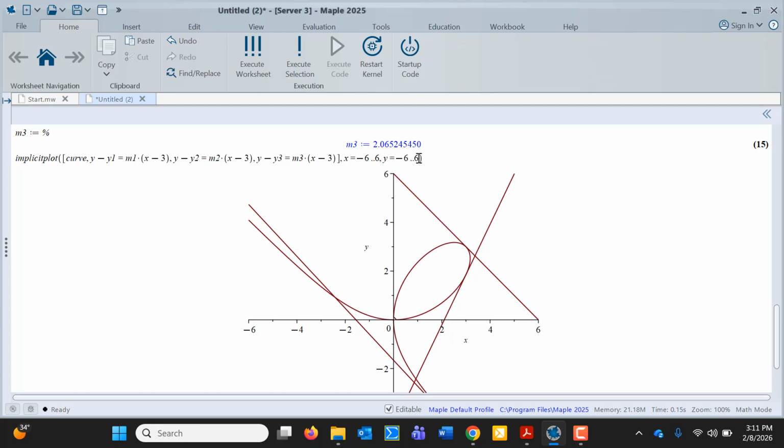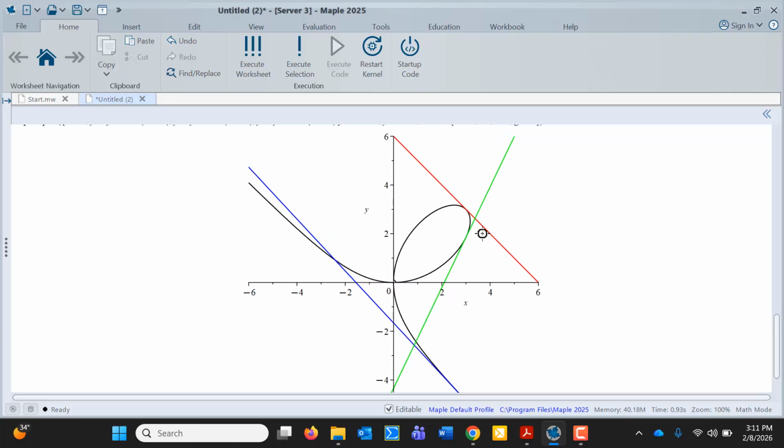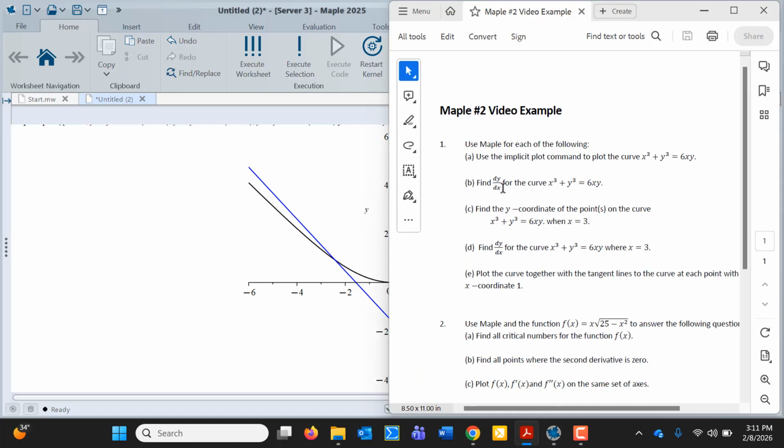So you could do comma color equals, let's let the original curly Q graph be black, and then the first tangent line will be red, and then the second one will be blue, and the third one will be green. And then you can more clearly see where they are. Okay. All right, so that's all of what's going on in question number 1.